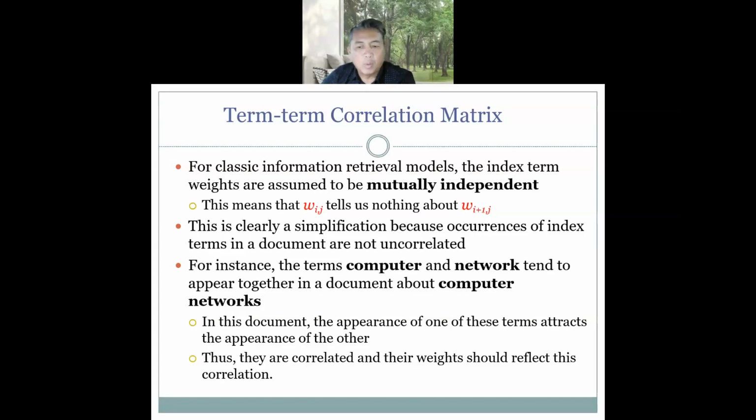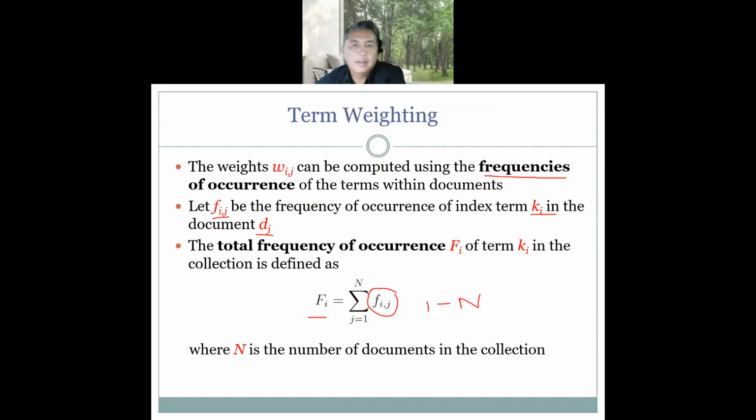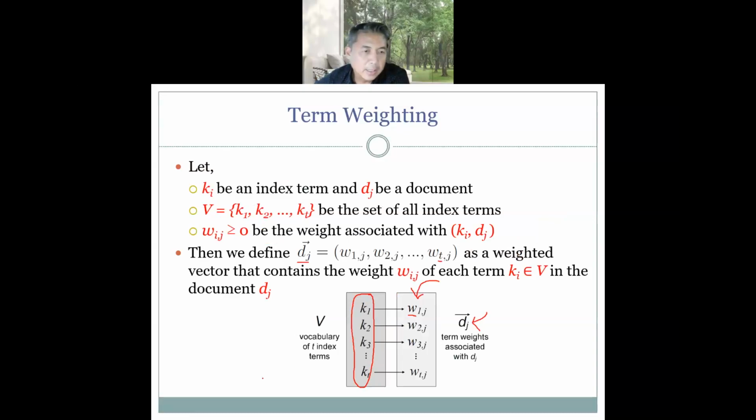When we have this term-document matrix, we notice that all of these keywords are single terms. But sometimes we have "software engineering" or "computer science".